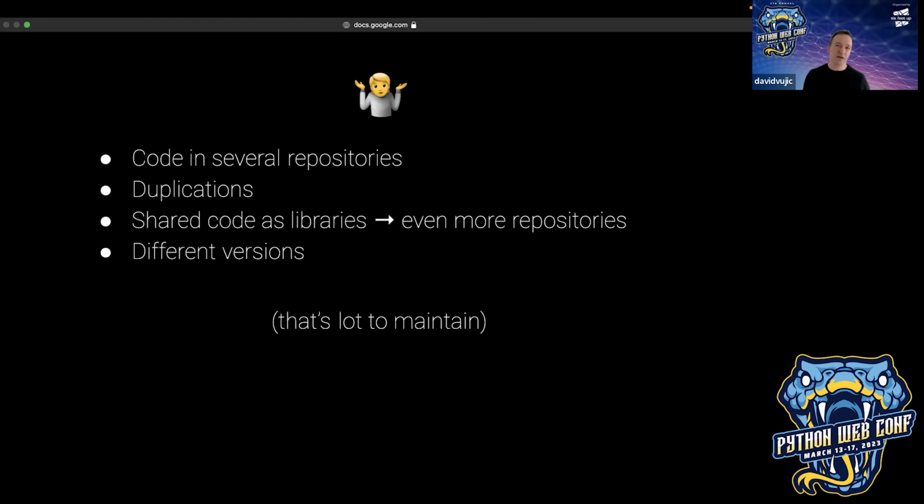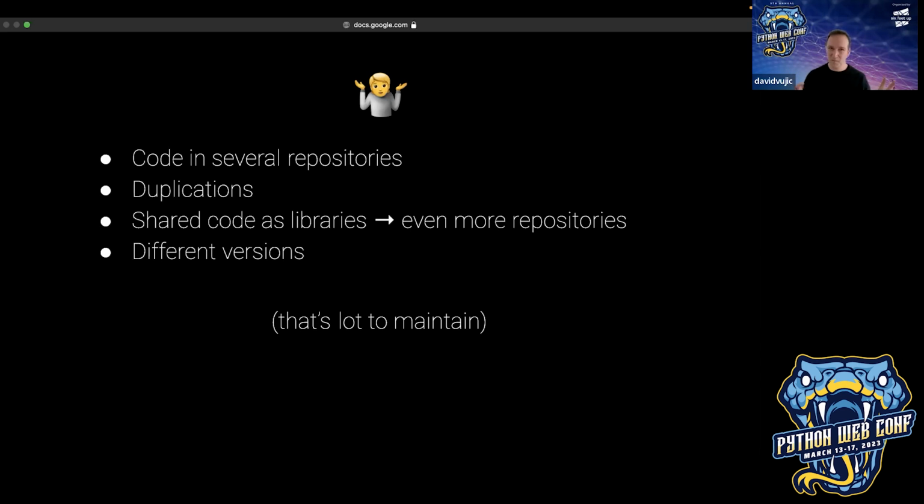Another one that I have been reflecting on is that it's quite common that some code is duplicated. You can recognize patterns and even sections of code in several of those repositories.